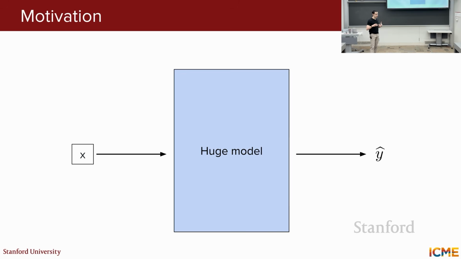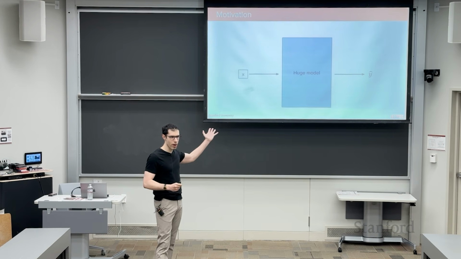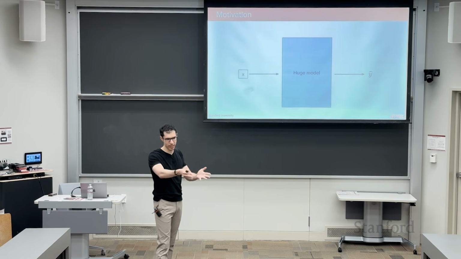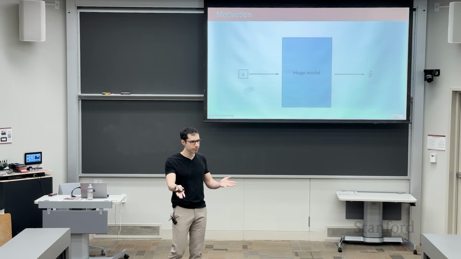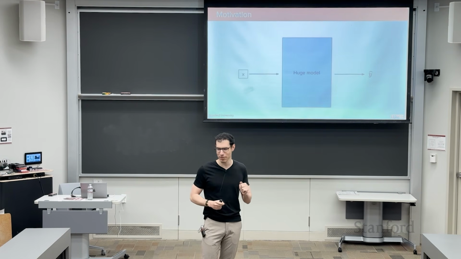So it takes a lot of compute to just compute one inference, or also to train these models. But you may wonder, do you really need to have all these parameters be activated during a forward pass to make a simple prediction? So I'm going to have a little metaphor.